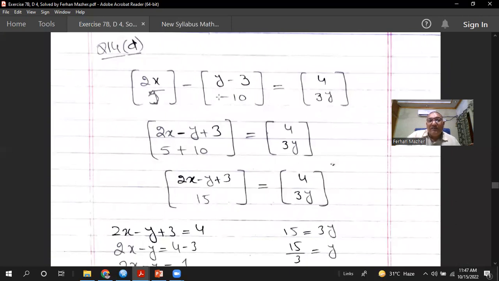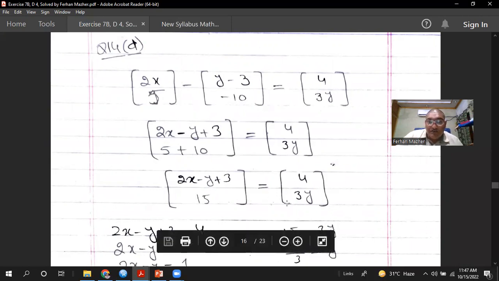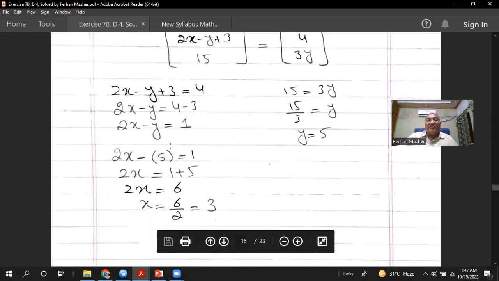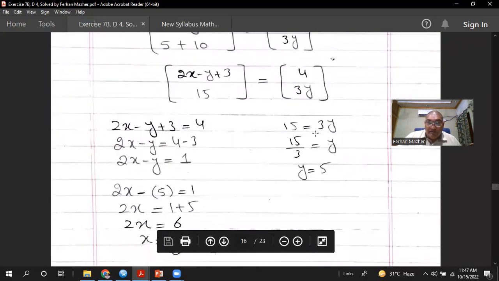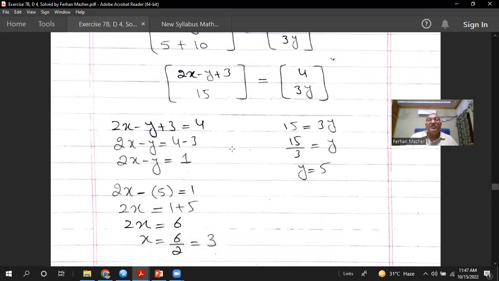Downstairs you will have 5 plus 10 equals to 4, 3y. So compare these two, you will find the value of the y. So 2x minus y plus 3 equals to 4, 15 is equals to 3y. So first of all, I will find the value of the y. So it will be 15 equals to 3y. So y will be equals to 15 divided by 3, and that will be 5.